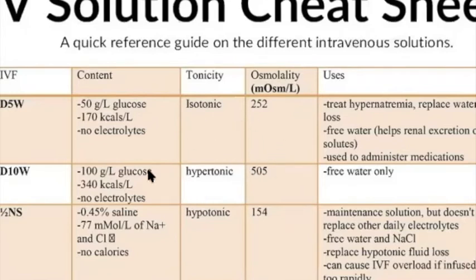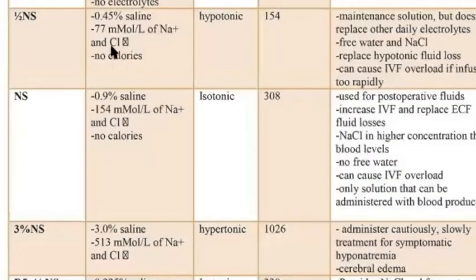And so for glucose, if you looked at the actual molarity, it wouldn't change anything, right? For sodium chloride, notice that it's 77 millimolar. 77 times 2 is something like 154 osmolarity, because these are broken up into sodium and chloride over here, right?